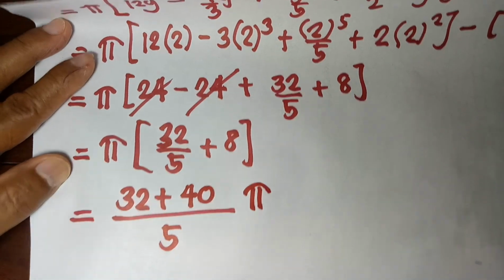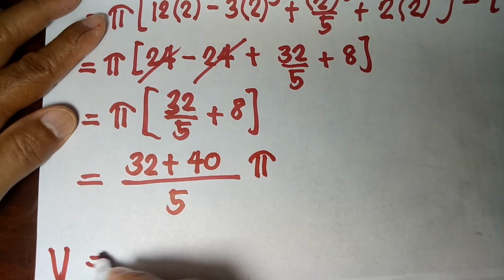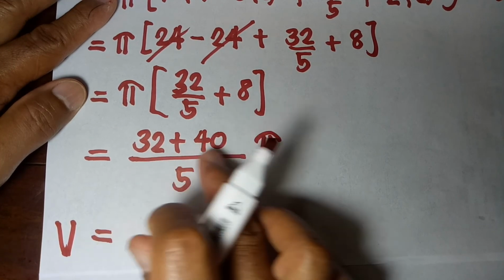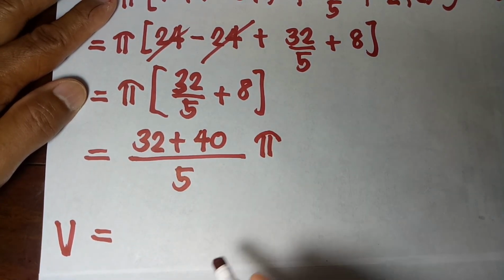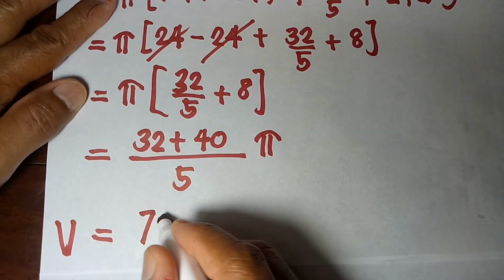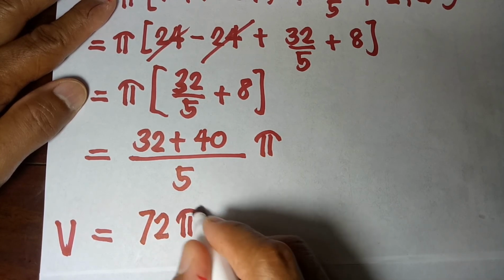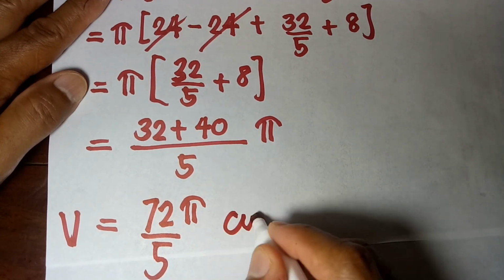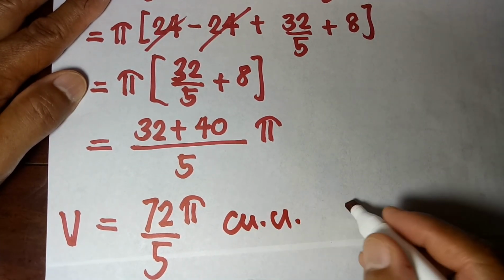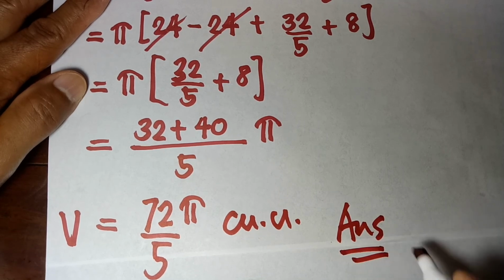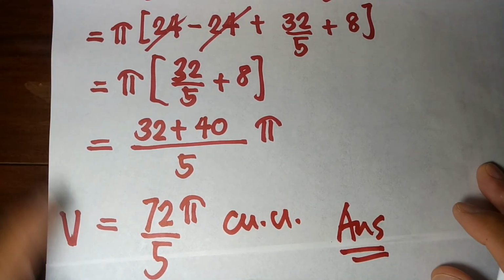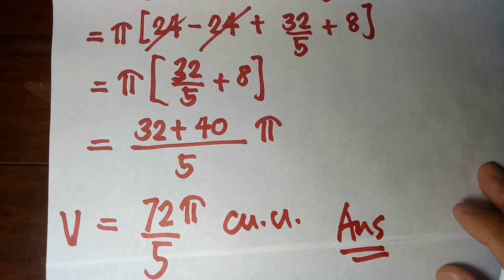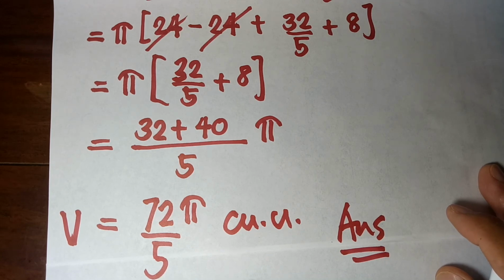So we'll have the volume equals, so 32 plus 40 ay 72. So 72 pi over 5 cubic units. So this is our answer. So the volume of solid generated by the plane area equals 72 pi over 5 cubic units.